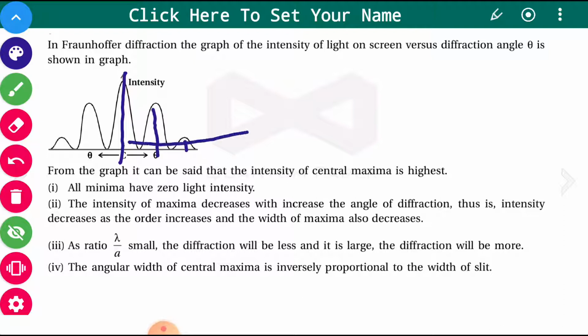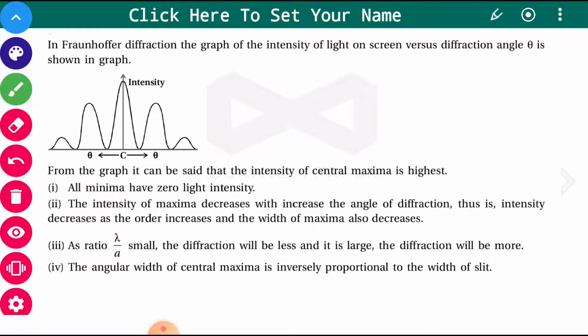So as angle theta increases, what happens? Intensity is reducing. If the ratio lambda upon a is small, the diffraction will be less, and if it is large, the diffraction will be more.